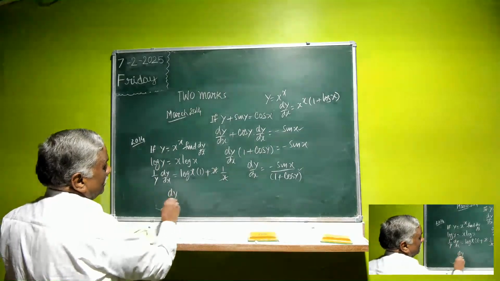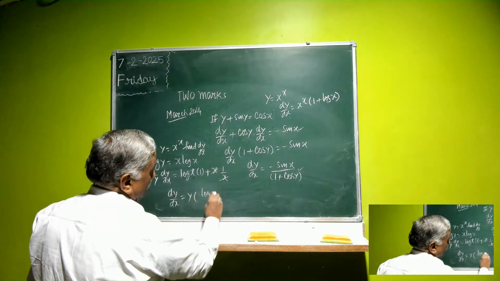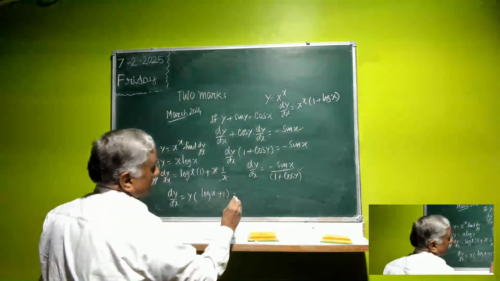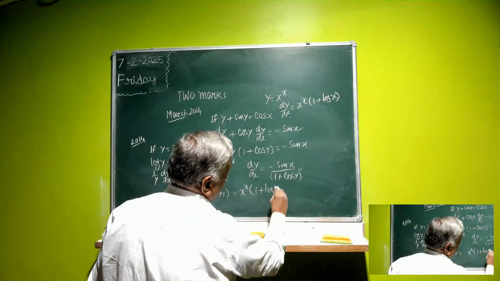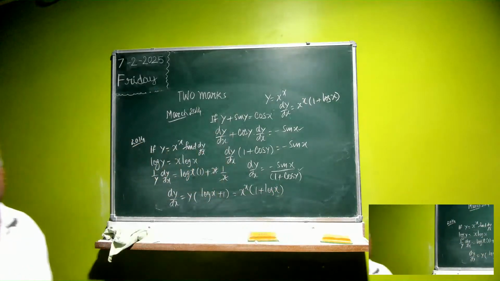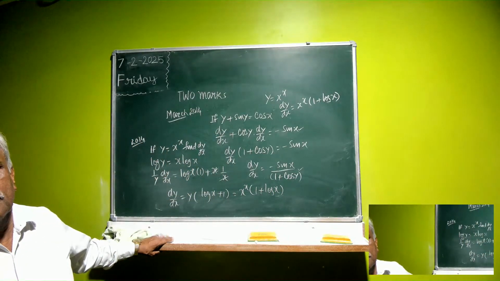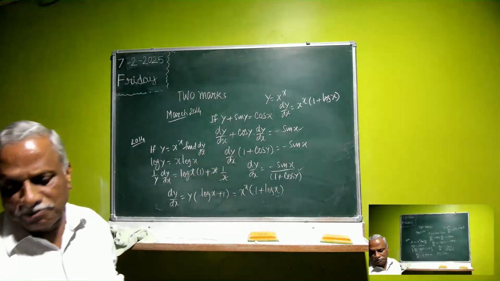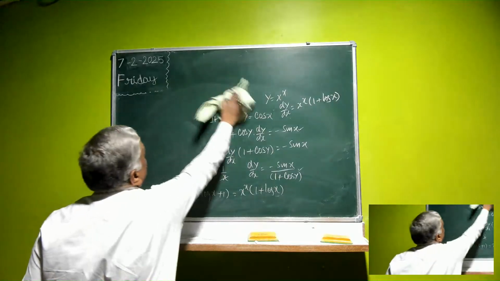So you get dy by dx is equal to y into log x plus 1. You can replace y by x to the power of x and write in a proper order. So if you realize it's a problem of implicit, then you can simply apply the logarithmic solution. So we'll move on to 2015.